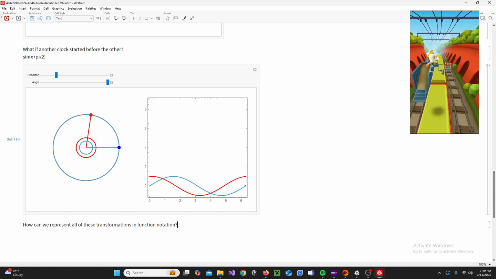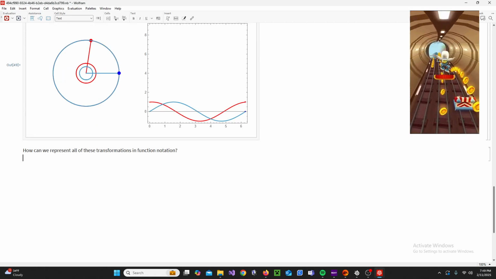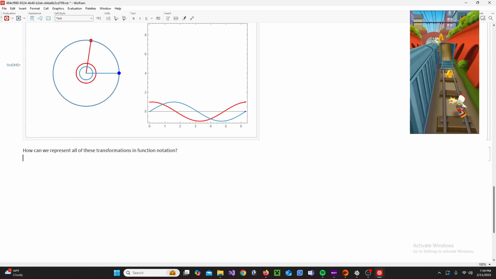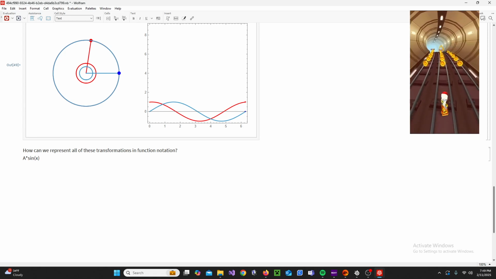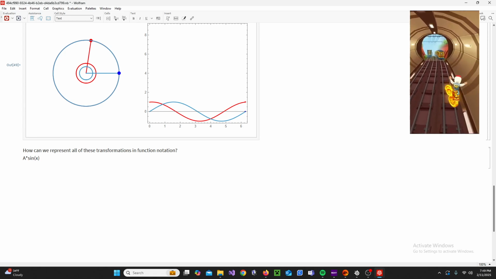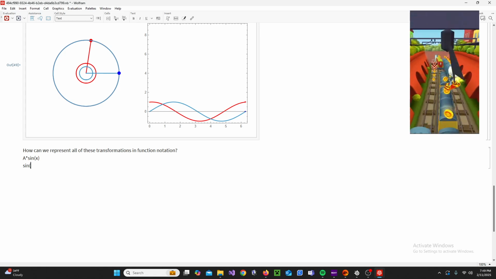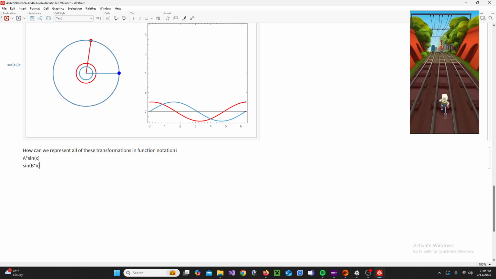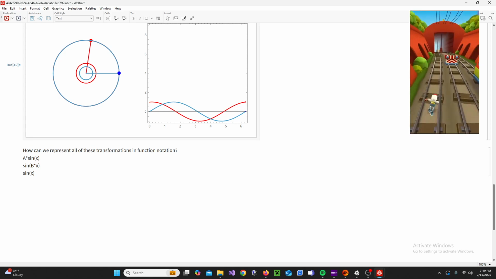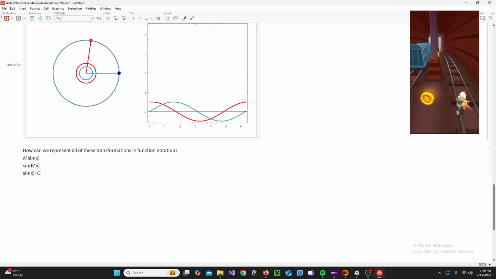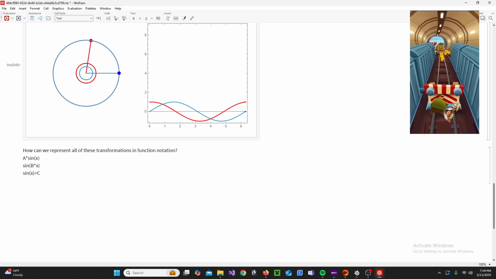Okay, so how can we represent all of these transformations in function notation? Well, the first idea was by increasing my radius, I multiplied my sine function by something. Then I sped up sine by multiplying by some value on the inside. Then by considering my height, I lifted the function up, so I'd be adding on the outside.